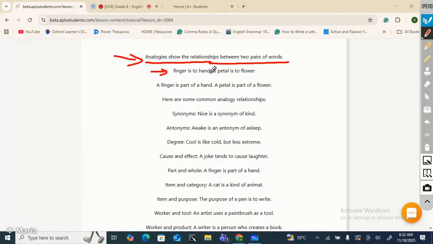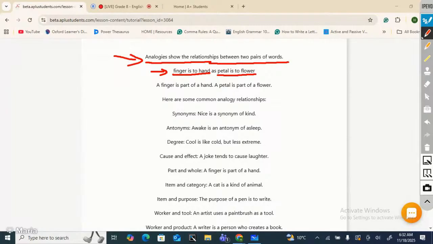Finger is to hand as petal is to flower. So finger, hand, petal, and flower. These are two pairs of words.